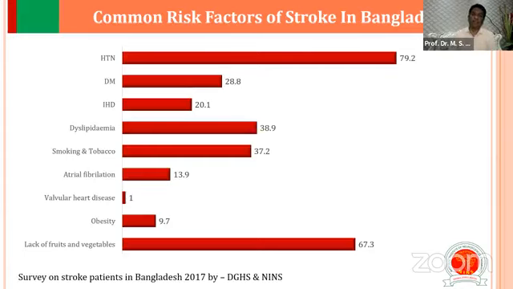Common risk factors of stroke from the 2017 survey: hypertension 79%, diabetes 28%, ischemic heart disease 20%, dyslipidemia 39%, smoking and tobacco 37%, excess sedation 14%, valvular heart disease 1%, obesity 9.9%, lack of fruits and vegetables 67%.